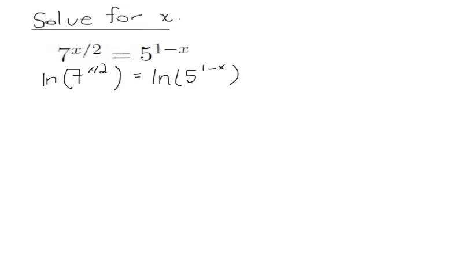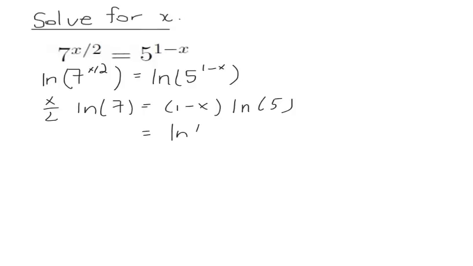And once again, we will use the power law to bring down our powers, and we're going to get, in this case, x over 2 times ln of 7 is equal to 1 minus x times ln of 5. And let's do some distribution over on the right-hand side. That should give us ln of 5 minus x ln of 5.